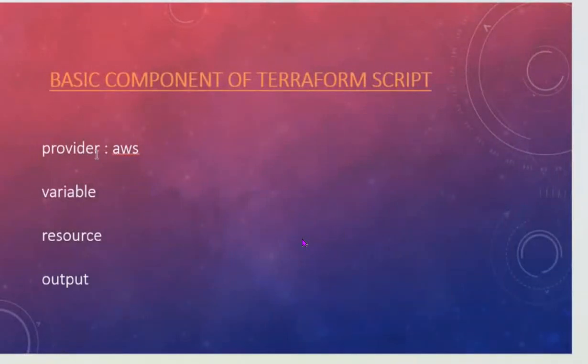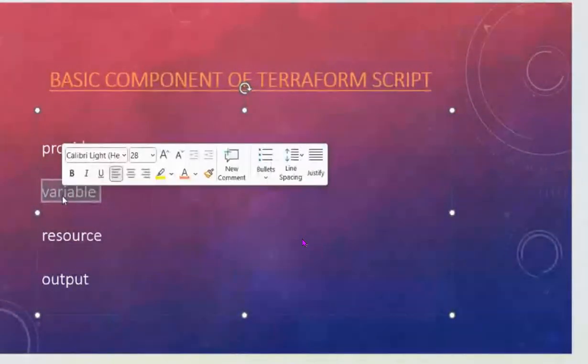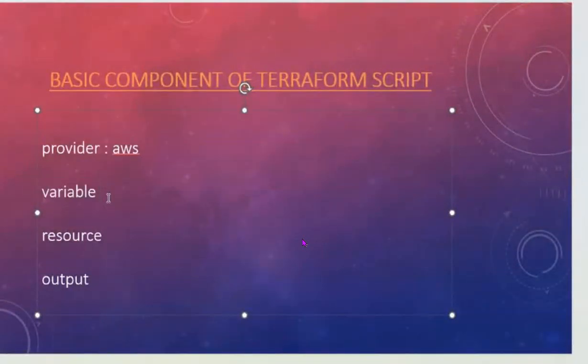Then there is the variable block. The variable block is needed so that we do not change the code from scratch. We only change the parameters that need to be replaced from the previous ones, here in the variables.